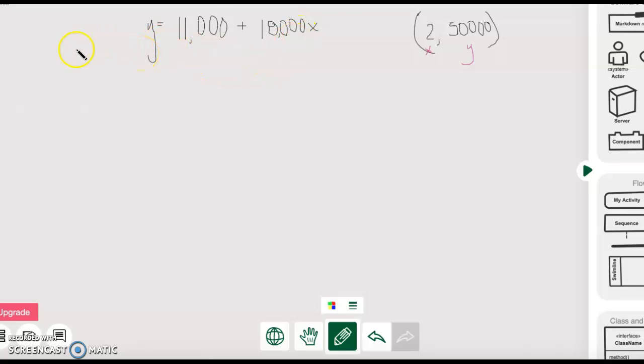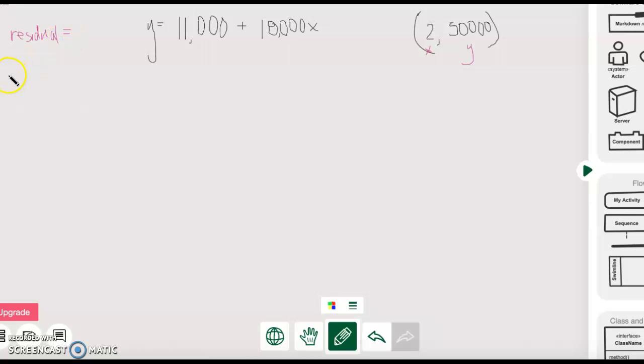Okay, so off to the side here, I'm going to quickly write the equation for residual. We calculate the residual from an equation using this formula.